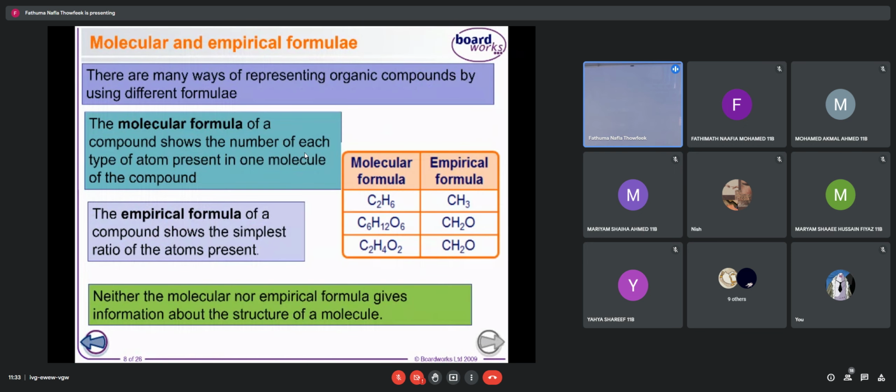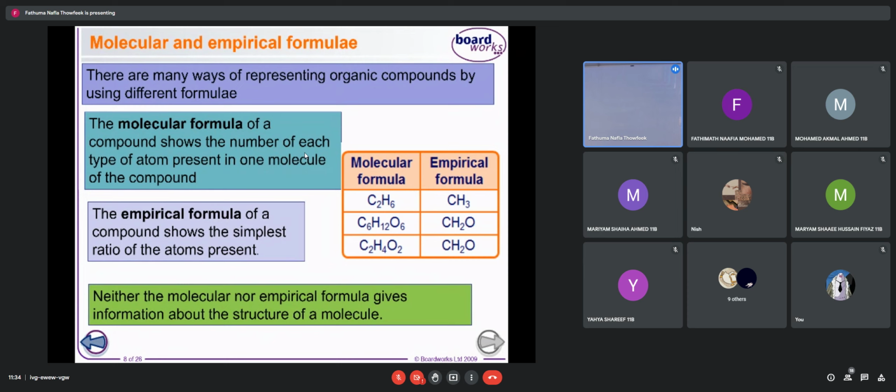Right. Now, molecular and empirical formulae. In organic chemistry, you are learning 5 types of formulae: molecular formula, empirical formula, displayed formula, structural formula, and skeletal formula. First, we'll move to molecular and empirical formulae.